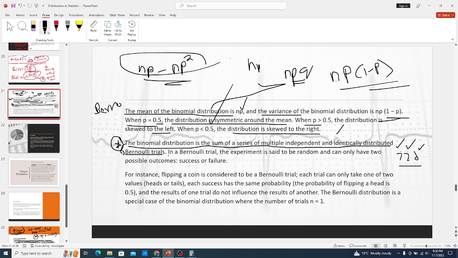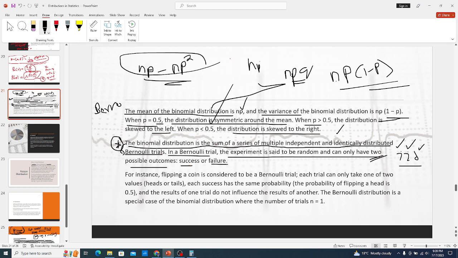In a Bernoulli trial, the experiment is random and can only have two possible outcomes, either success or failure, for one trial.